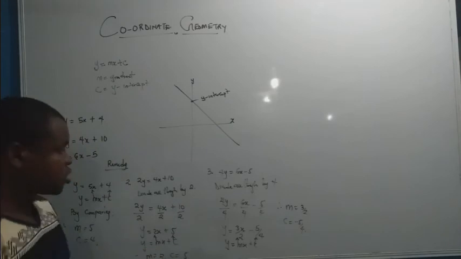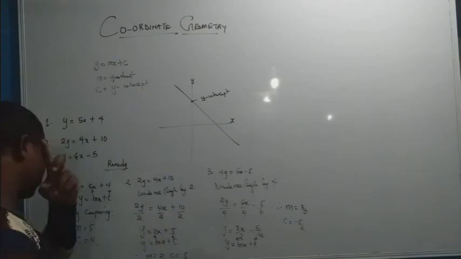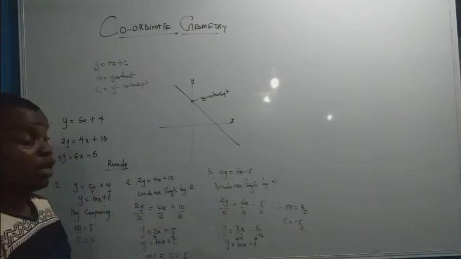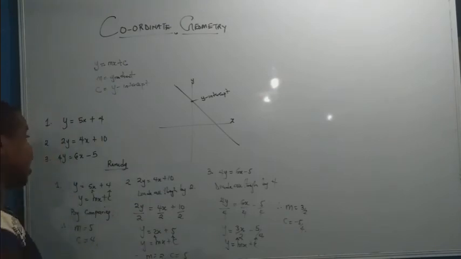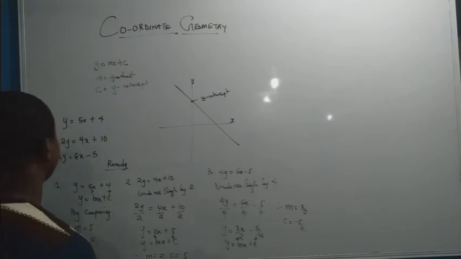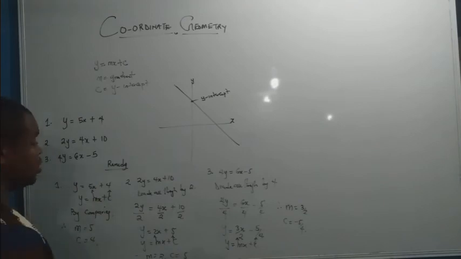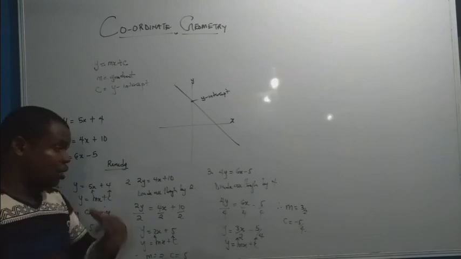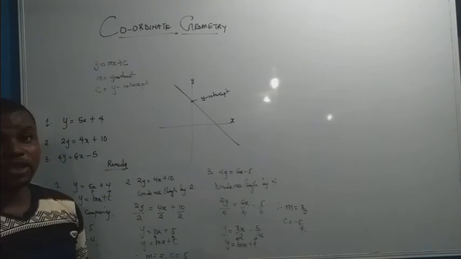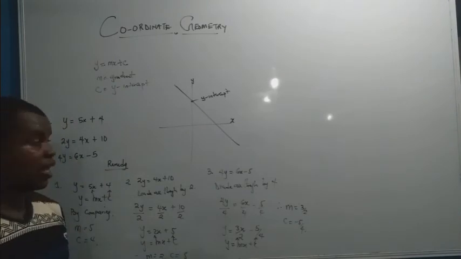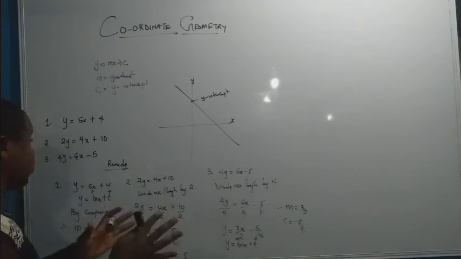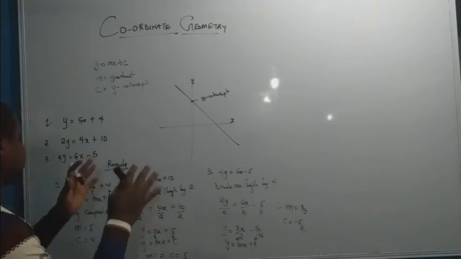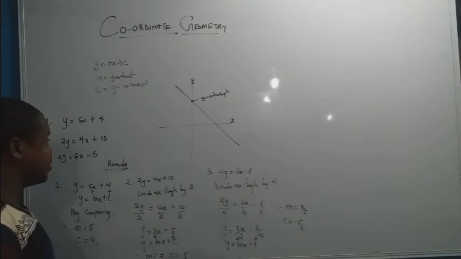So this is how to find the gradient when we are given the equation of straight lines. Is that clear? So let's look at the next aspect, which is how to find the equation of a straight line.